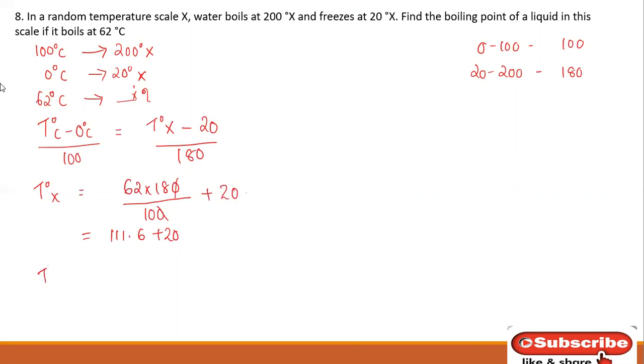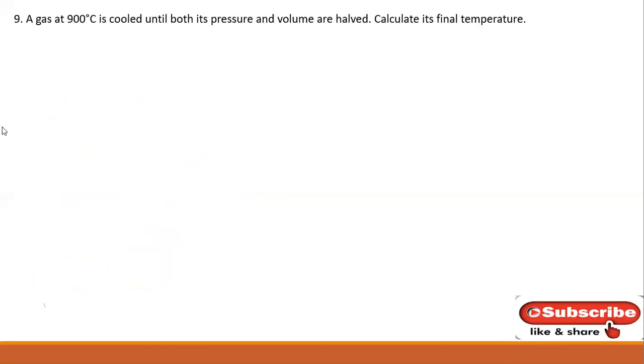That is, temperature in X degree scale is 131.6 degree X. This is corresponding to 62 degree Celsius. I hope you all understood the solution. Let us solve the next question.